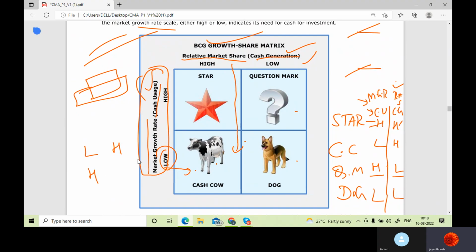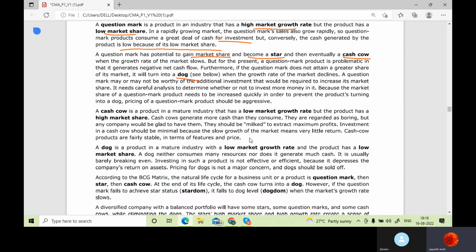Question mark is high growth rate and low market share. If this becomes low and this becomes high, then it becomes cash cow. Simple. That's what they are saying. So these four products can change their positions based upon their nature. They can get transformed into different products.